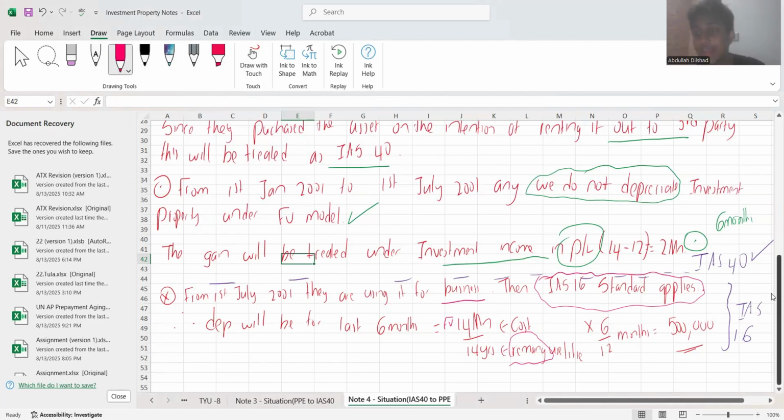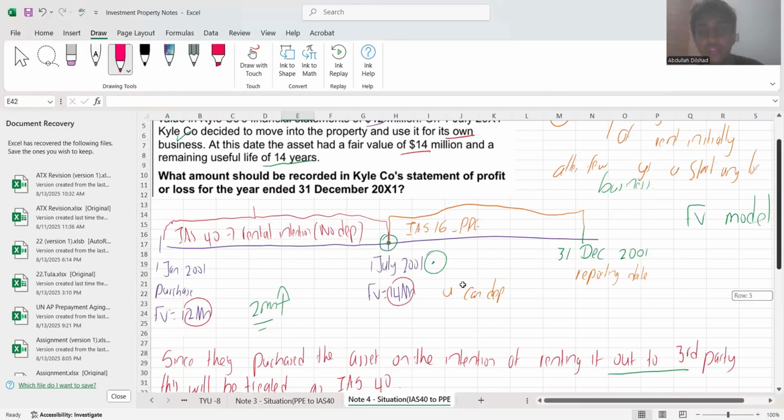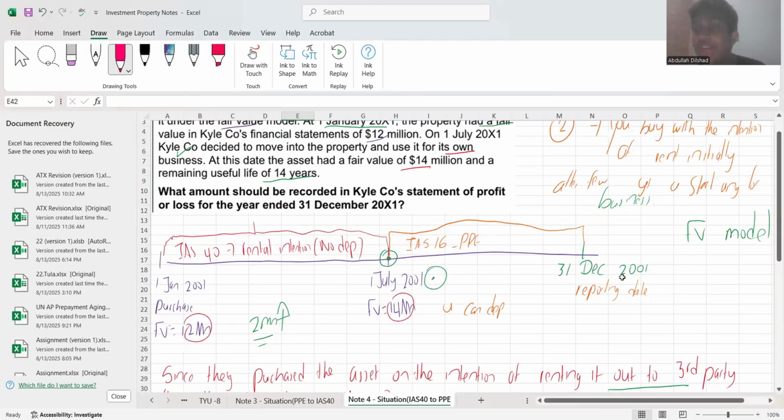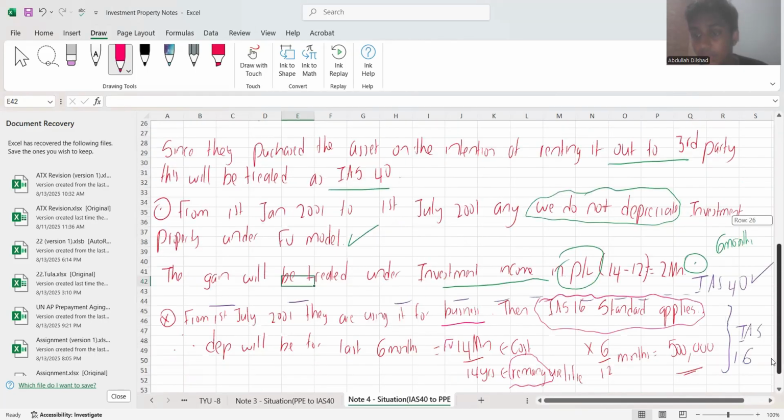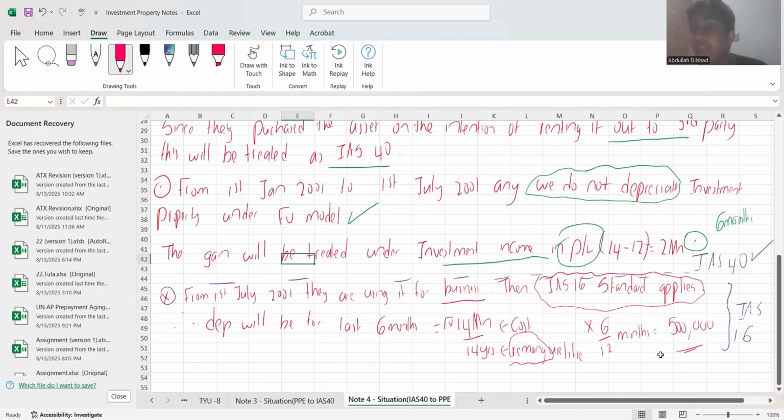But you all need to understand, from 1st July 2001 to 31st December 2001, it is 6 months, not 1 year. So you need to bifurcate your depreciation for 6 months only. You need to present in your statement of profit or loss only 500,000.